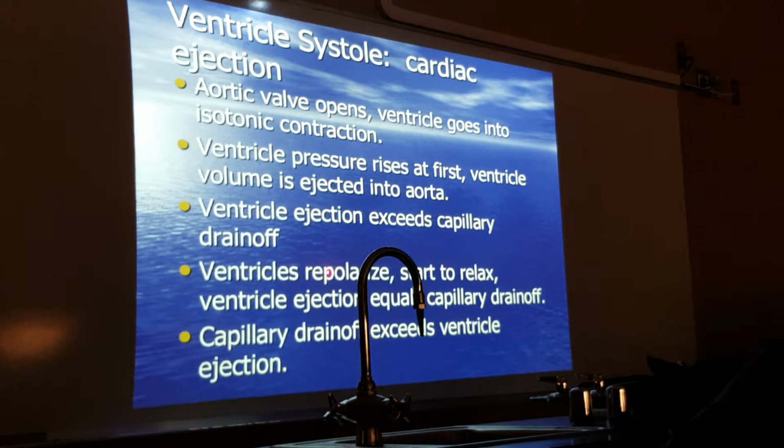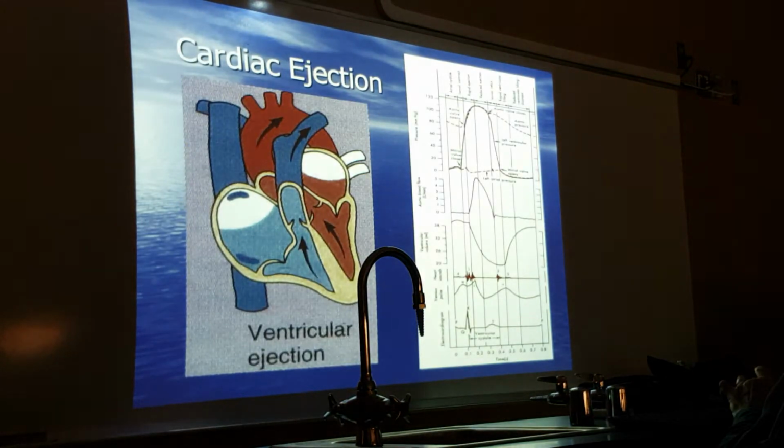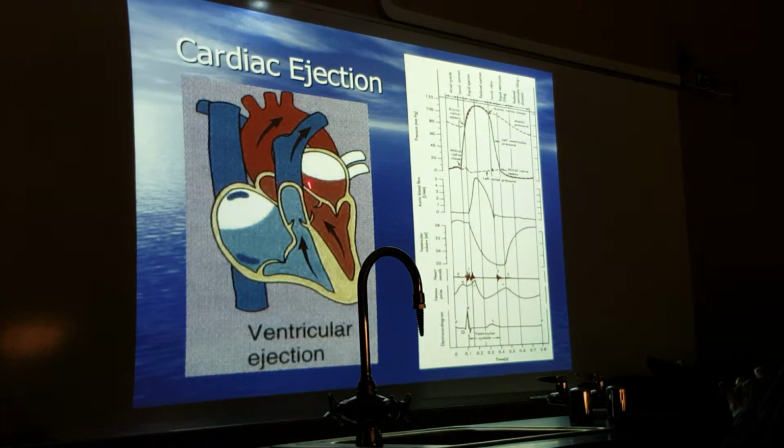The ventricle repolarizes, starts to relax. There's the cardiac ejection phase, and blood is being pumped into both major arteries, the pulmonary trunk and the aorta. So that's the cardiac ejection phase there.